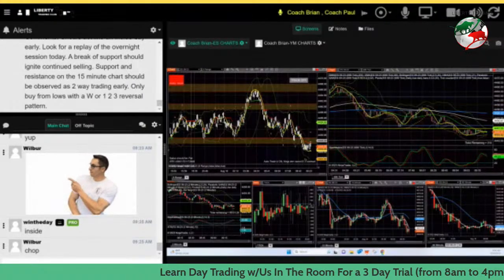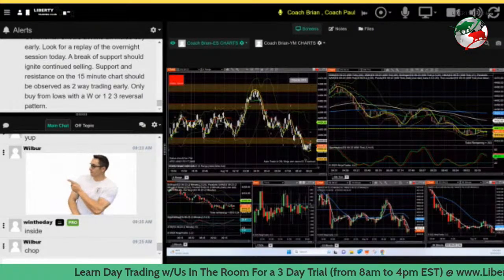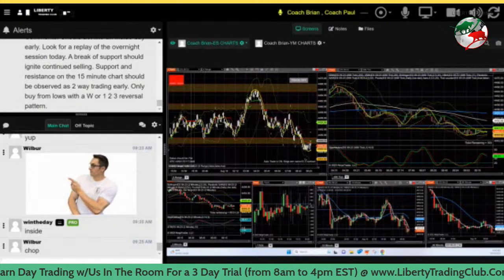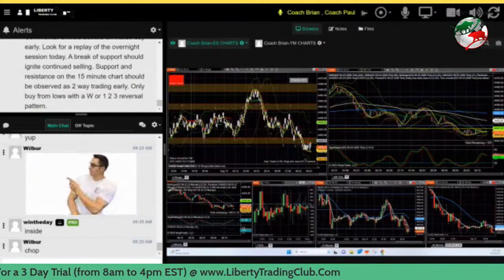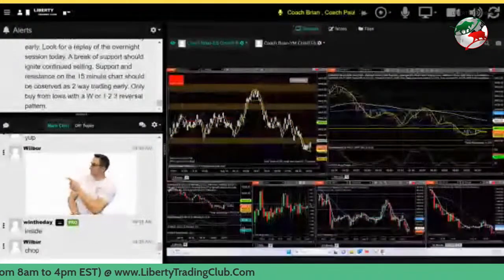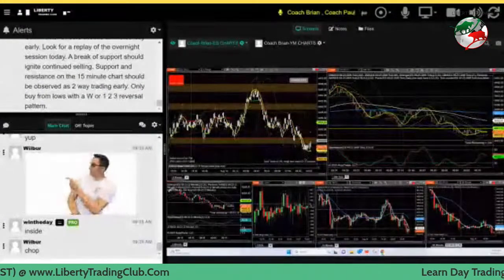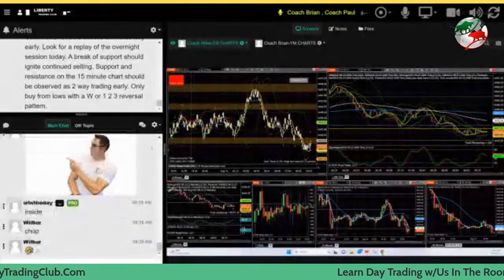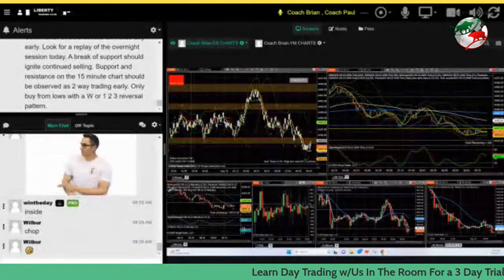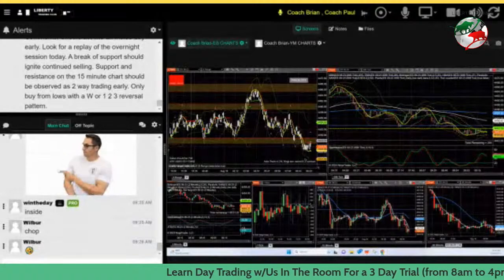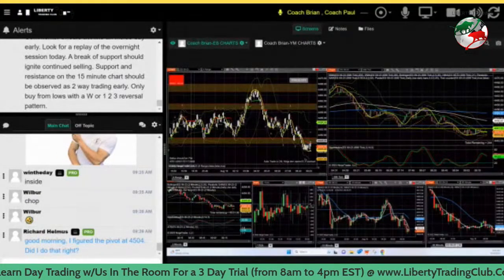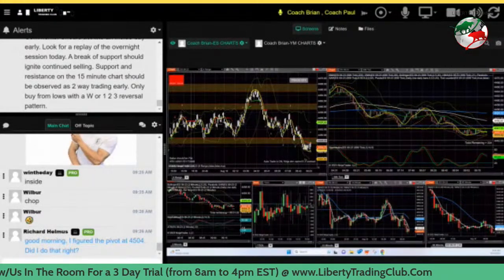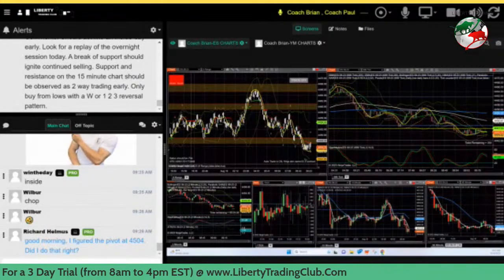Just look back on the 15-minute chart for areas of indecision. So expect chop. If the push up happens, be patient, or if you're a more aggressive trader, you can take the long side of it over zones. And if trading stays below the lows, you want to be good.